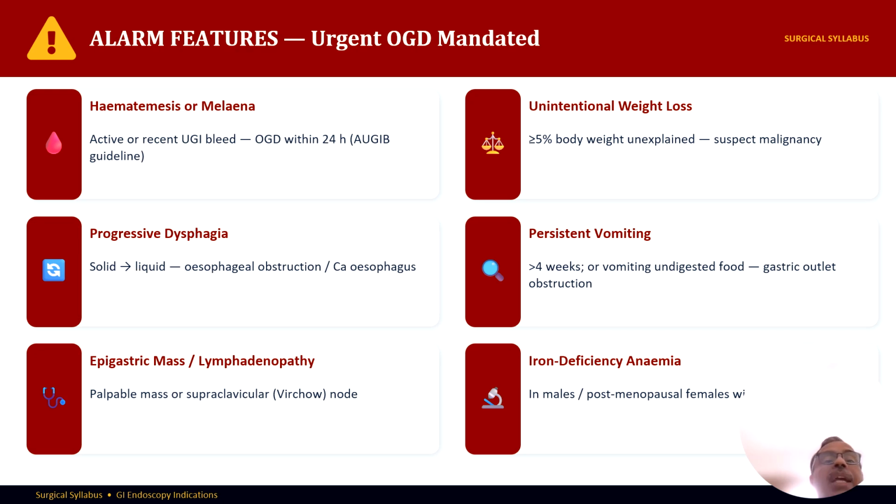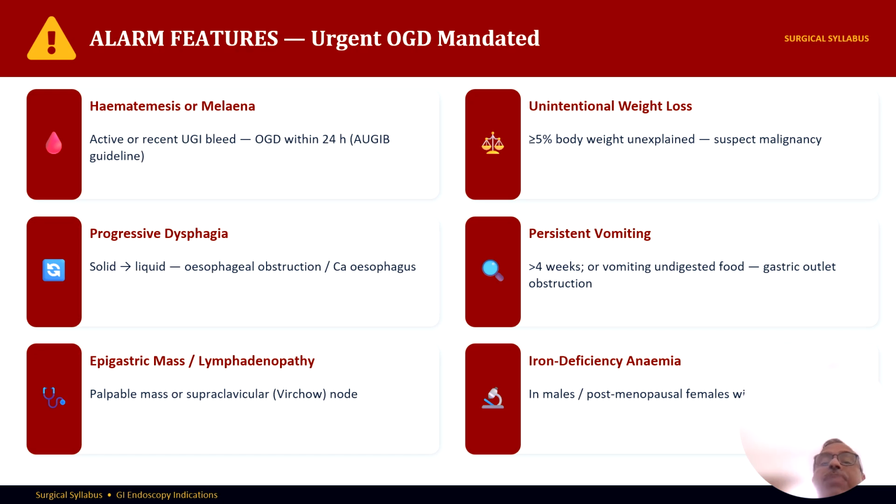Any palpable epigastric mass, or a supraclavicular or Virchow's node palpation in any patient, should warrant an urgent OGDS. Number four, any significant unintentional weight loss of more than 5% body weight within a very short period of say 1 to 3 months, which is suggestive of malignancy, would be another very important indication of doing an OGDS.